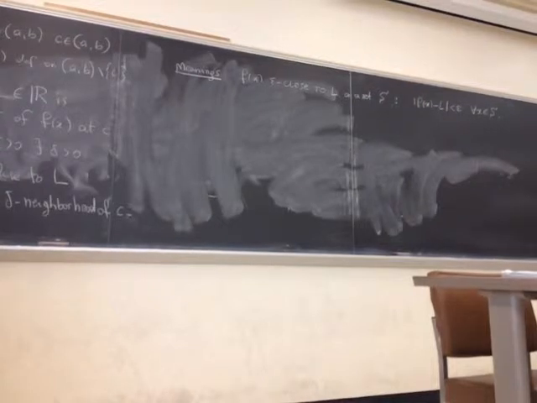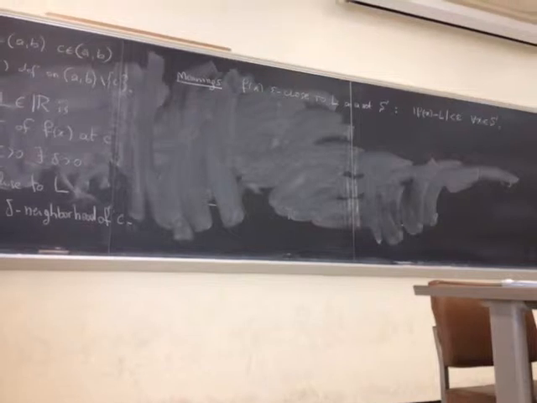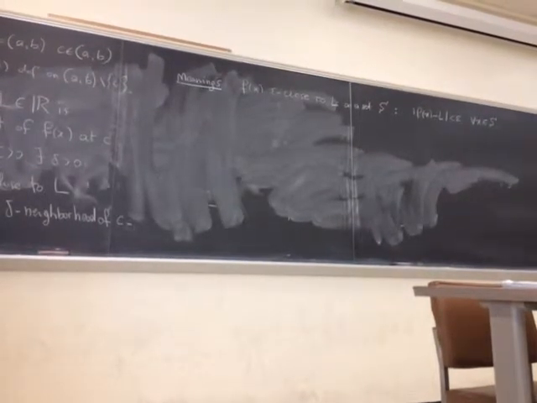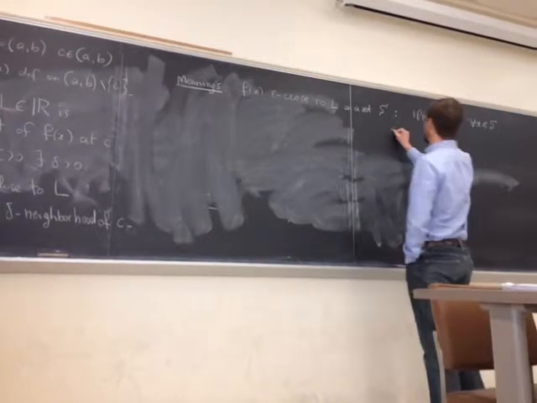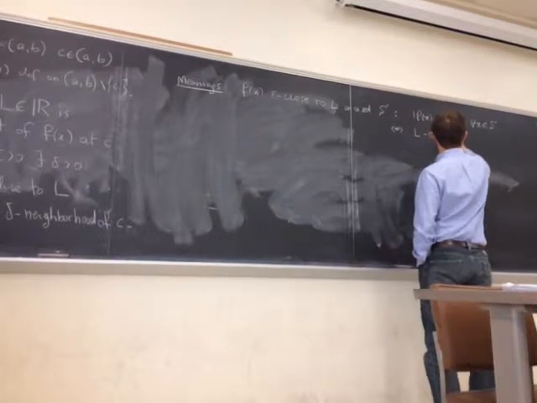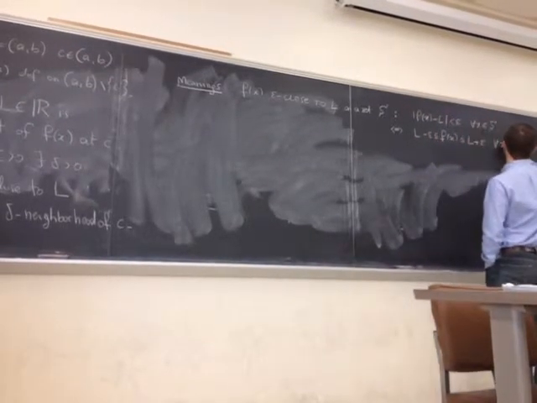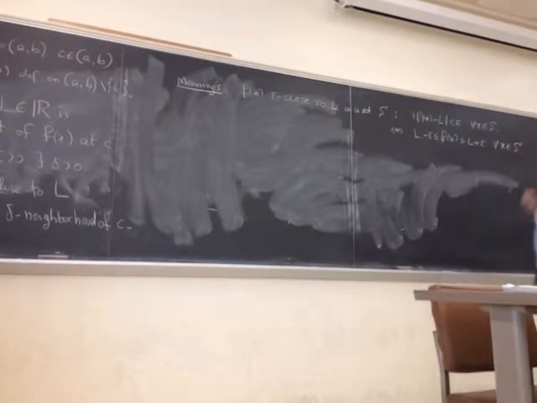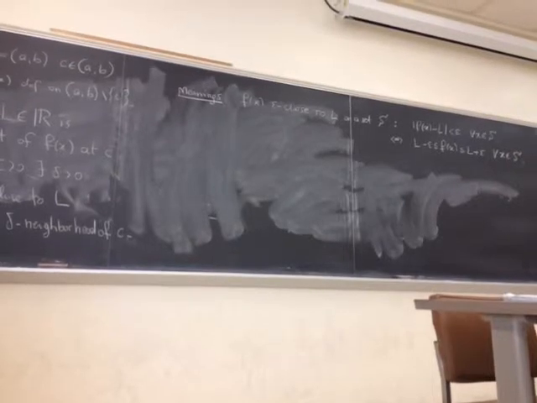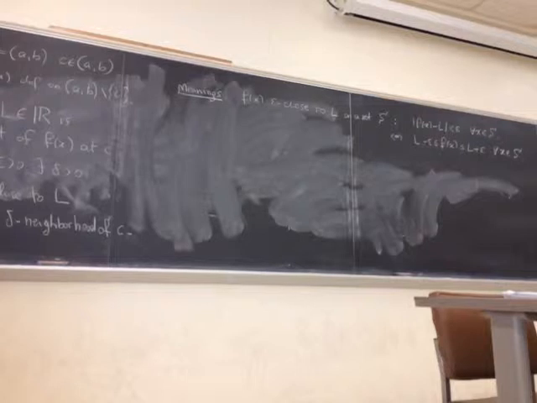So when I say that the function is epsilon close to a value L on a given set, I'm just telling you that the values of f are somehow between L minus epsilon and L plus epsilon. So this is equivalent, right? To say that L minus epsilon is less than f of x less than L plus epsilon for every x. So this is what it means that my function is epsilon close to a number L. Okay?